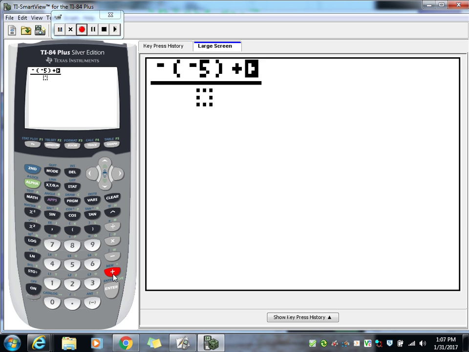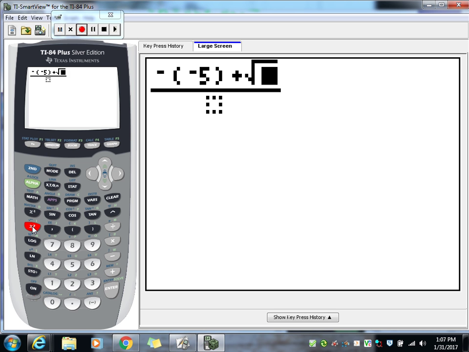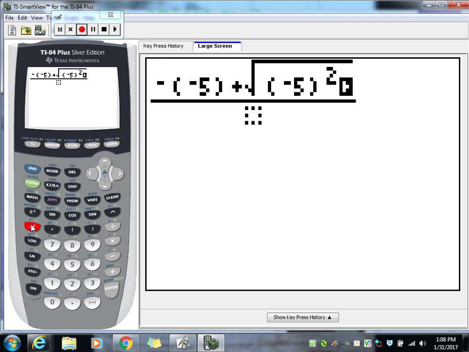So I'm going to do plus my radical. So second x squared gives me my radical sign. So then we had parentheses negative 5 squared. And that was minus 4 times what? 3.